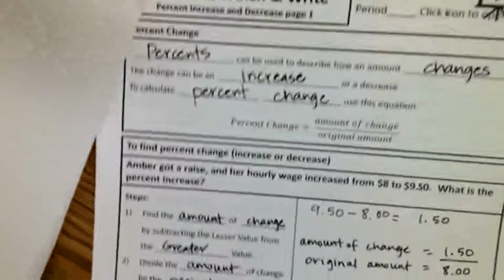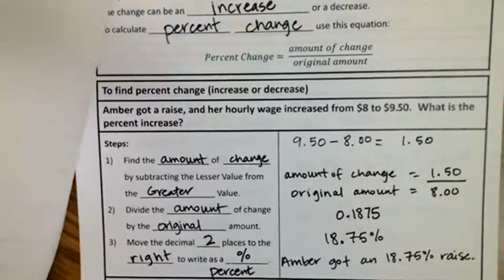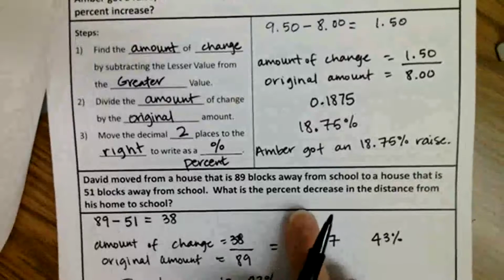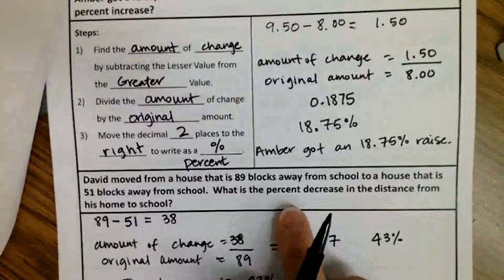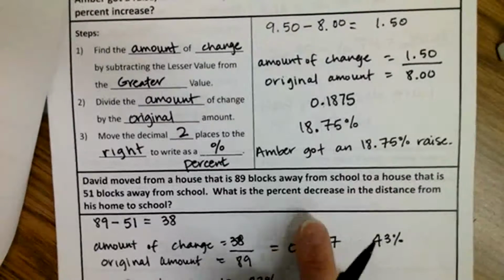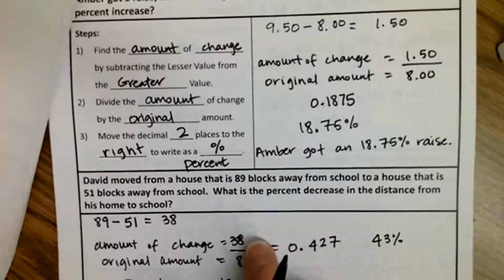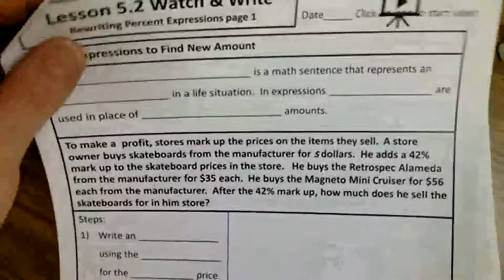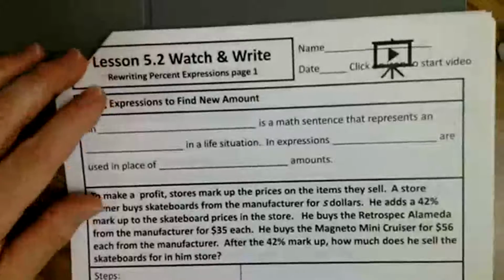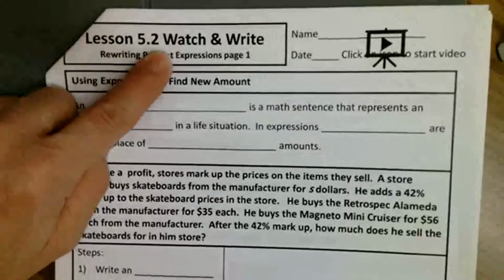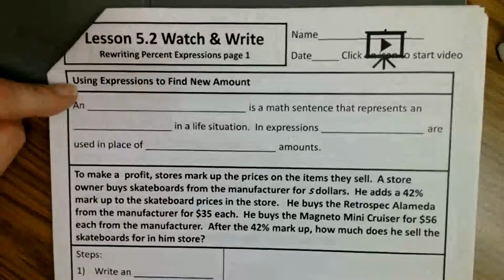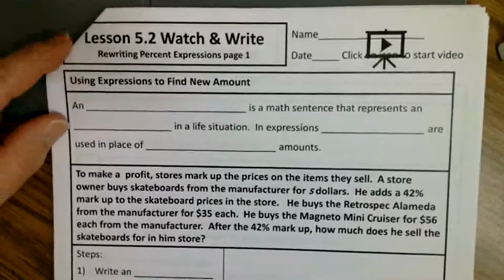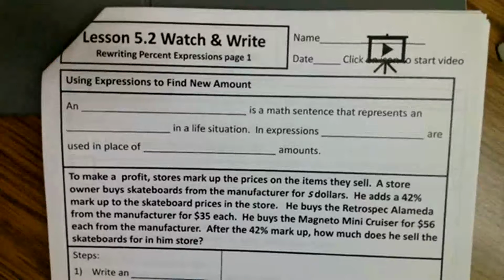Or, an example from the first lesson was that somebody moves closer to school, so the number of blocks they have to walk decreases. So numbers or amounts can change. In this lesson, lesson 5.2, we're going to use expressions to figure out the new amounts of things.